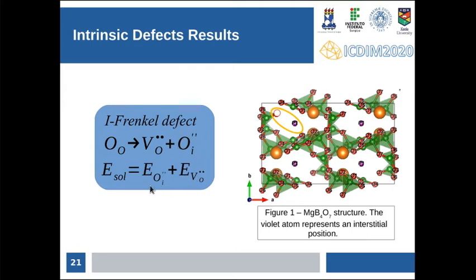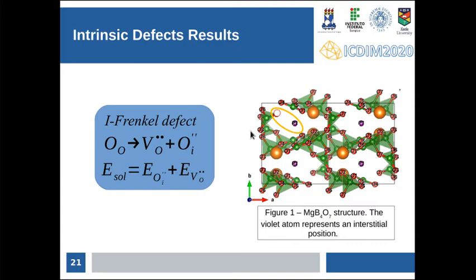Afterwards you use this solution energy equation to discover the energy needed to create this defect, and we normalize it by the number of defects, in this case 2. On the right side you can see one interstitial position and one vacancy position.